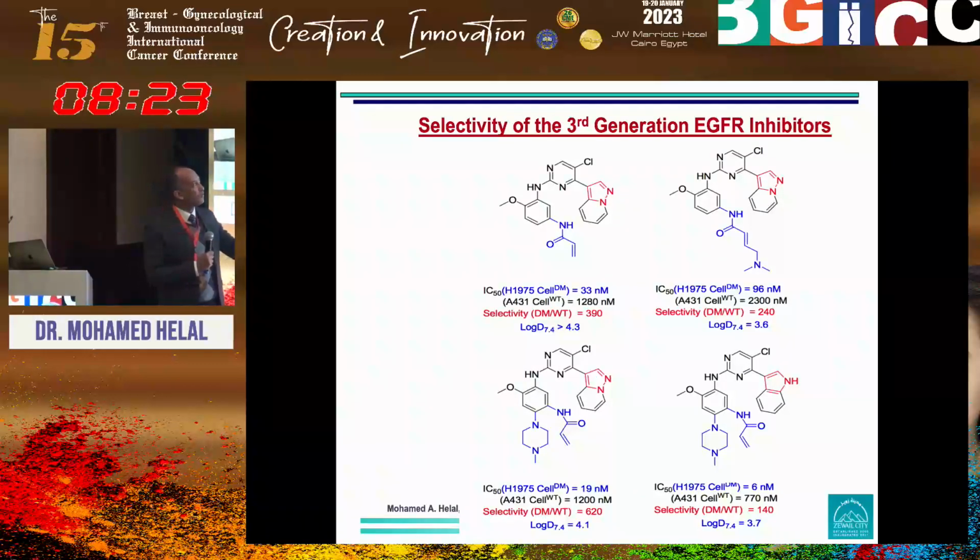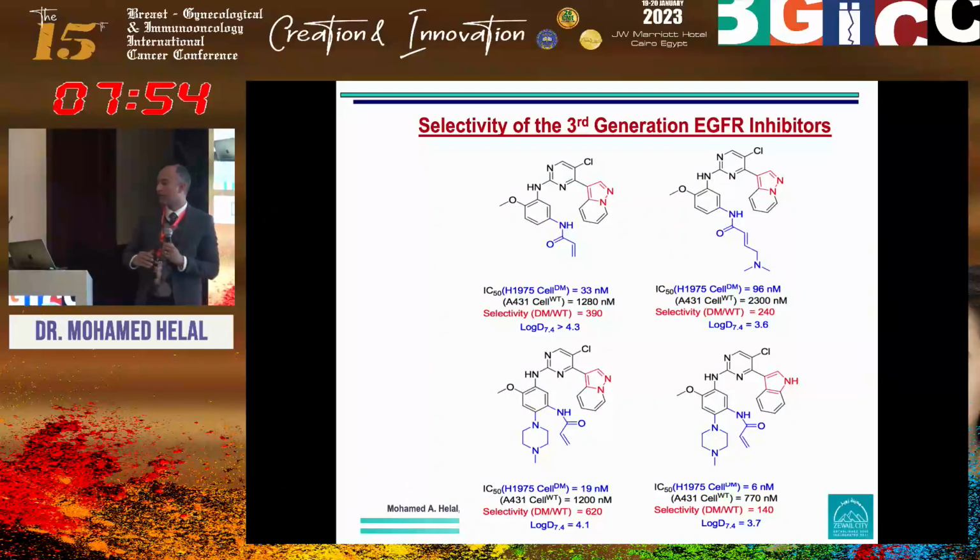It has a pyrimidine core with a U-shaped structure, and from these figures we can see these osimertinib derivatives; the prototype was osimertinib, and then a lot of derivatives were developed later on. We can see the selectivity against the wild type form of EGFR is in the range of hundreds, 200 to 400 or 600 fold. So it's more selective for the oncogenic forms of the protein.